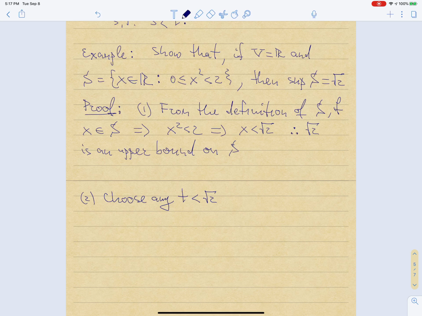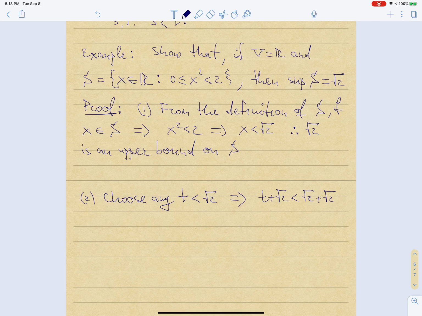Okay, so if t is less than square root of 2, and I take this inequality and add square root of 2 to both sides, then t plus square root of 2 is going to be less than square root of 2 plus square root of 2.